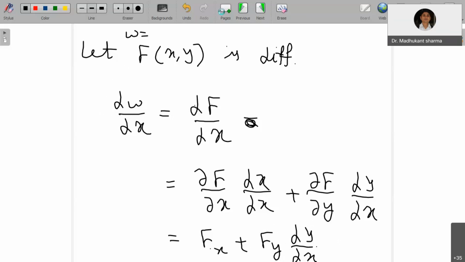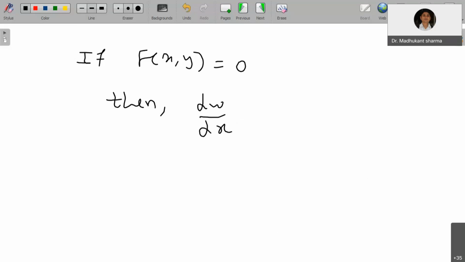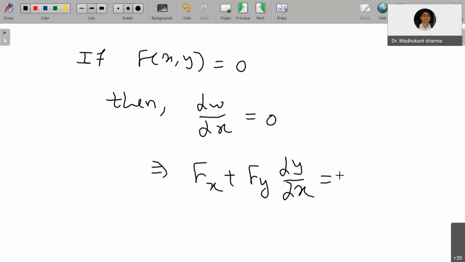Okay, so now if f of x comma y equals 0, then certainly dw by dx is also 0. So this implies fx plus fy times dy by dx is 0.